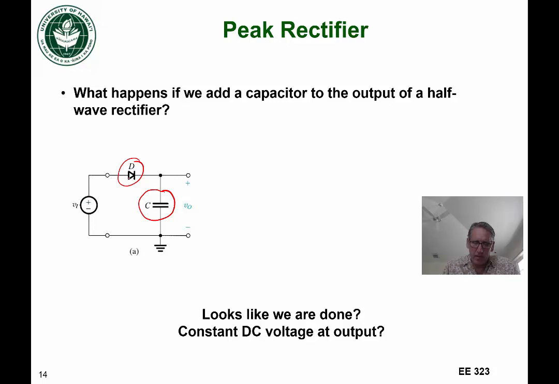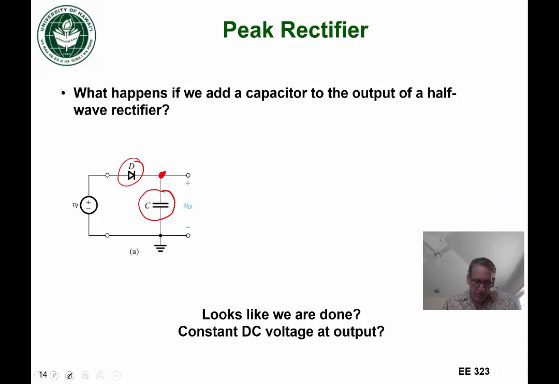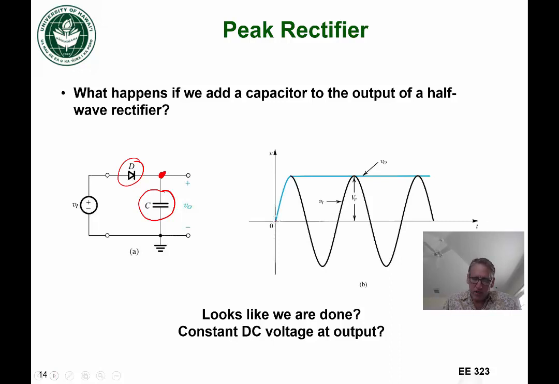And we're going to charge the capacitor through the diode. But then when it goes to the negative half cycle, the output voltage is charged and there's nowhere for the current to go, because you can't have current flowing in a reverse biased diode. So it's going to charge up and then maintain a constant voltage over time.